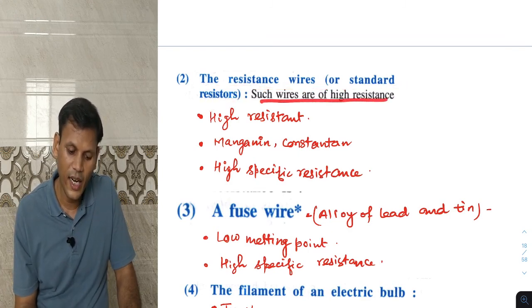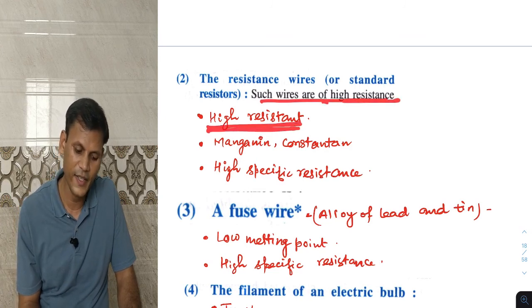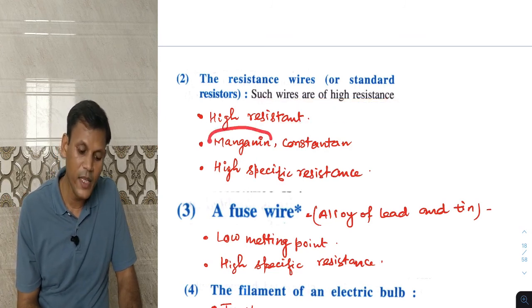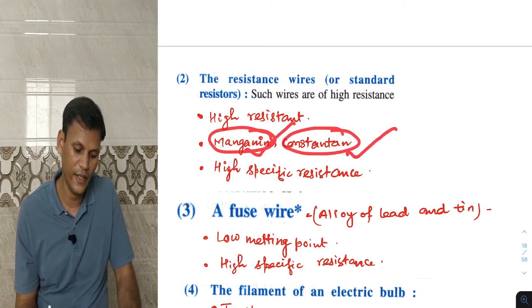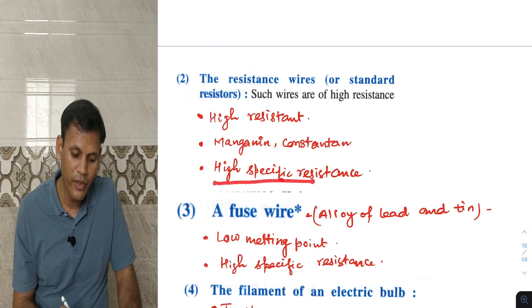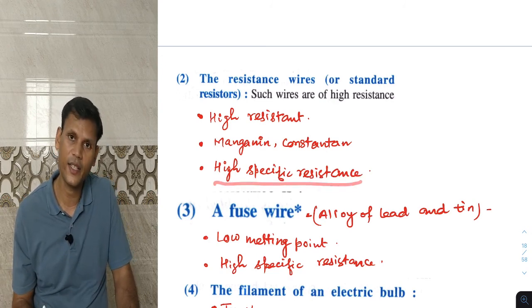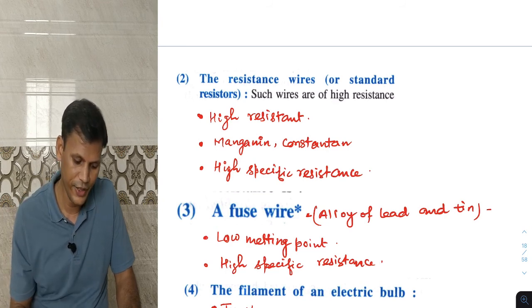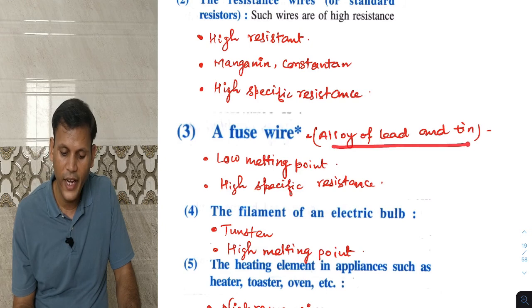Such wires are of high resistance, as I have written already. Examples of resistance wires are manganese and constantan. They should have high specific resistance or resistivity.